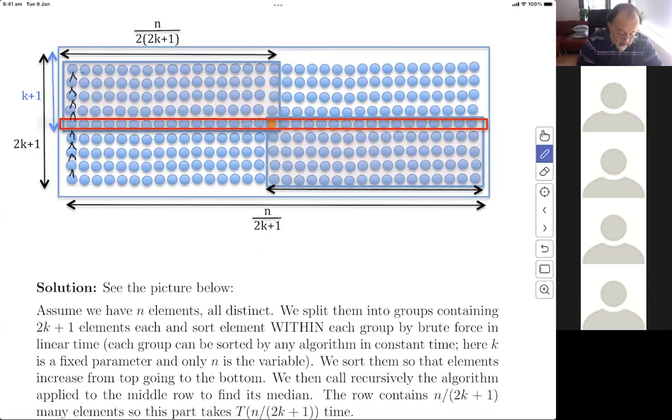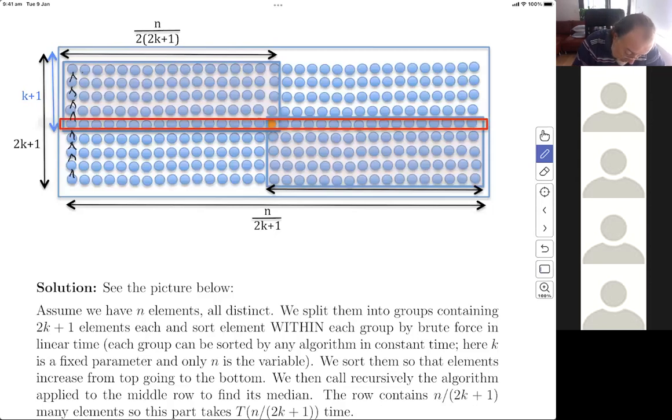And of course, every column can be sorted in constant time, which depends on k, but it is constant, right? And there are less than n many columns. So the whole splitting and sorting column-wise can be done in linear time.